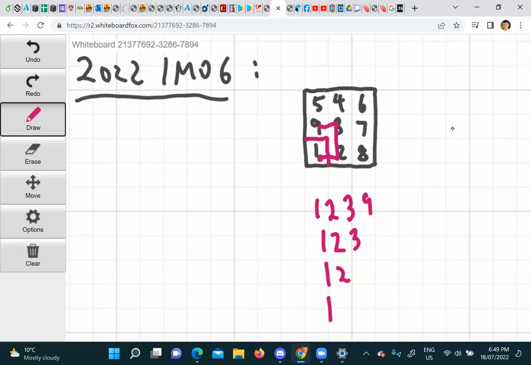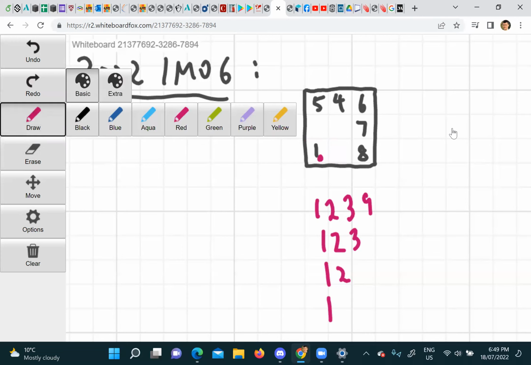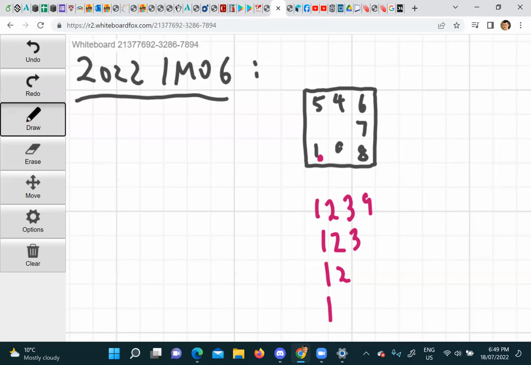So for example, if I number this grid like this, the question is how many uphill paths are there?